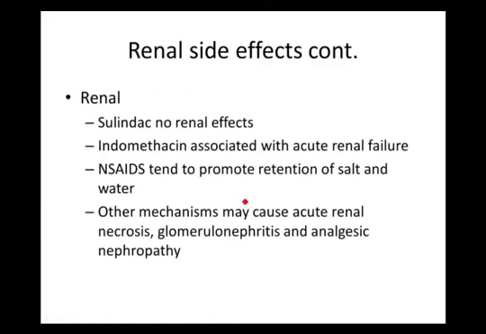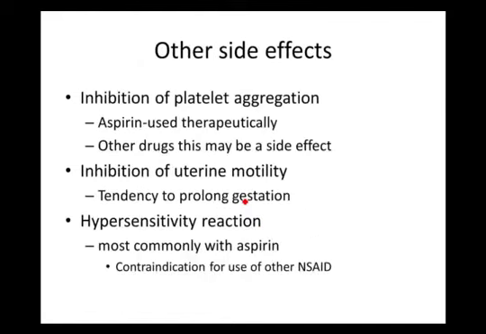So yeah, tons of renal side effects. Some of these drugs have little to no side effects in terms of the kidney function, like Sulindac, and others are associated with acute renal failure, like indomethacin. Okay, so obviously it's good to take an important patient history. Other side effects include, obviously, inhibition of platelet aggregation.